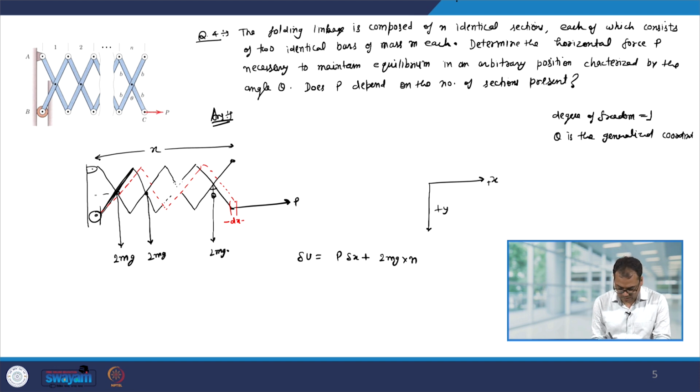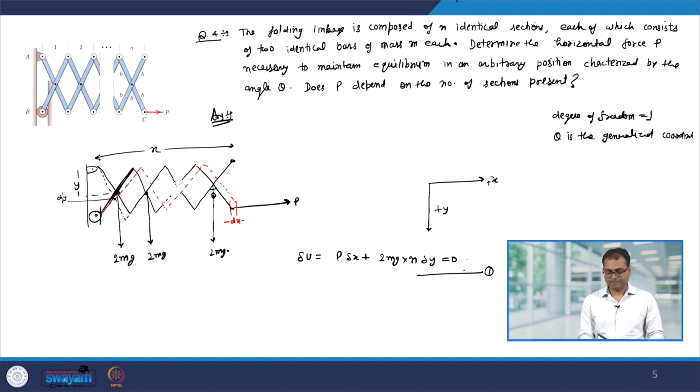So, let us say this is y, and because of this mg force we can assume the virtual displacement to be like that, and therefore, its center of mass is going to come down. So, it will be 2mg n into delta y equal to 0.